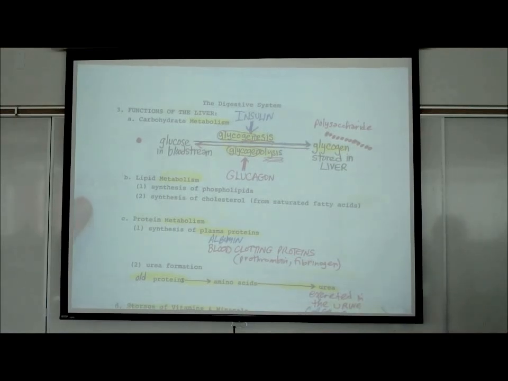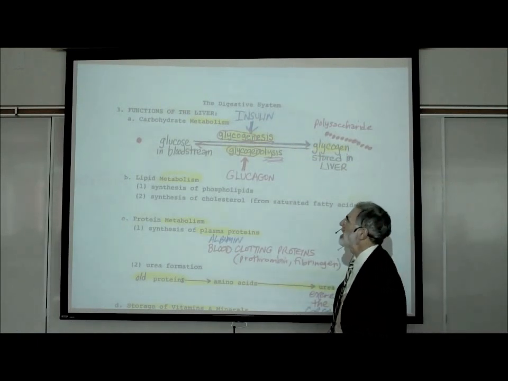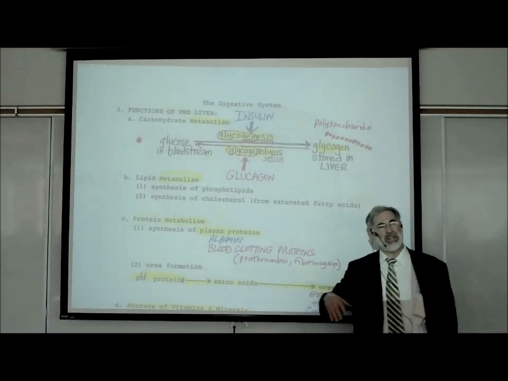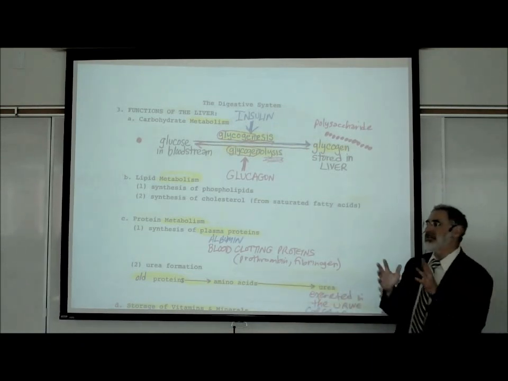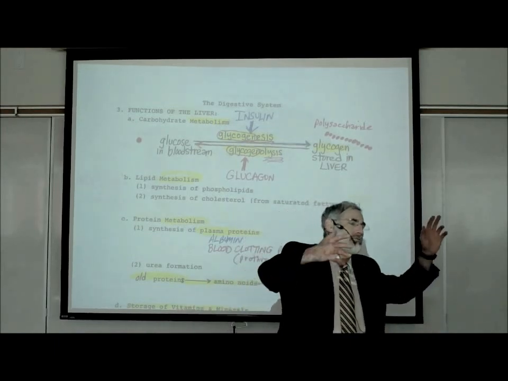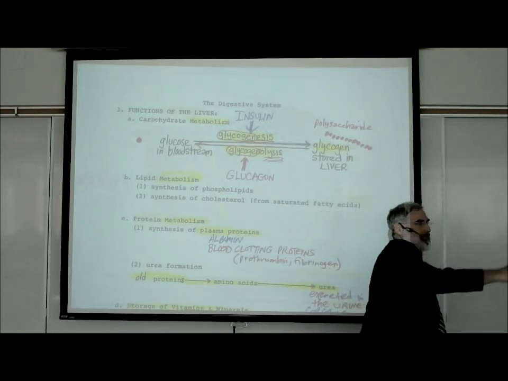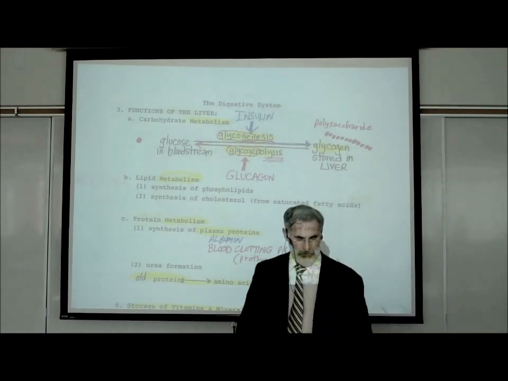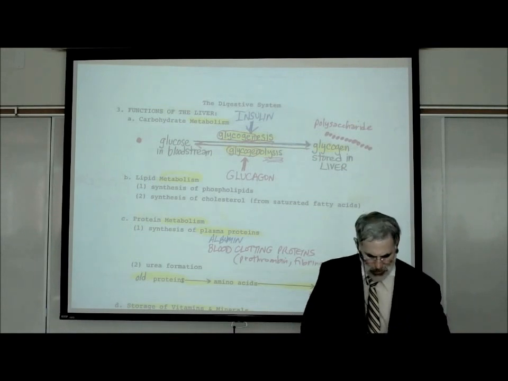So the first thing we talked about last time is it's involved in carbohydrate metabolism. And so we said that the sugars that are carried to the liver, and we know, in fact, that all these water-soluble nutrients that are absorbed from the digestive tract are carried directly by the hepatic portal vein to the liver. And if you're thinking, what did he just say? What's the hepatic portal vein?